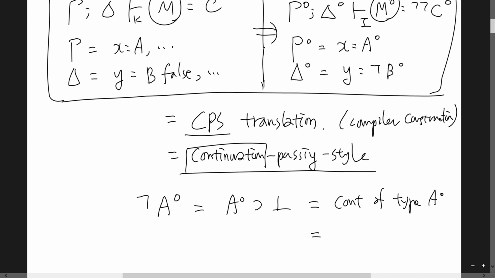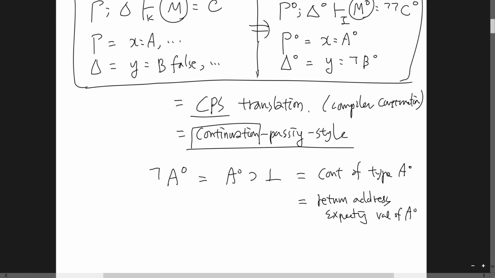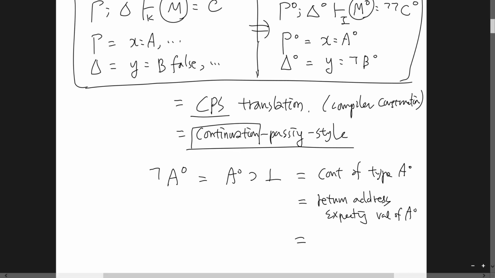You can interpret it as a return address expecting some value of type A circle, or you can interpret it as, say, a call stack expecting a value of type A circle, whichever is more convenient for you.